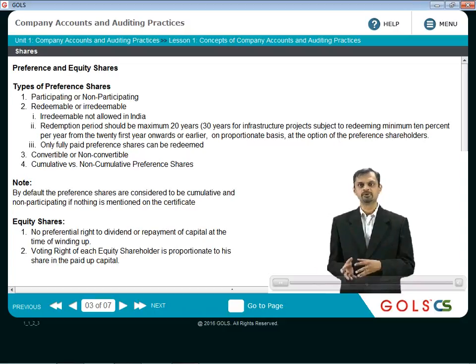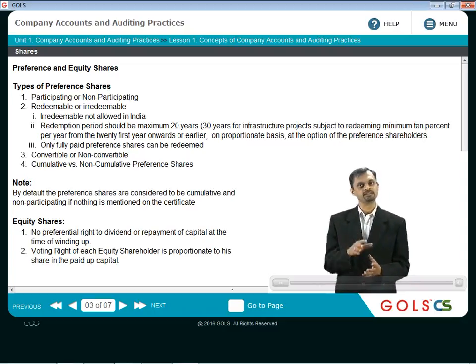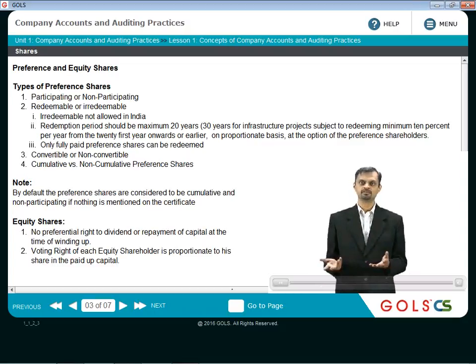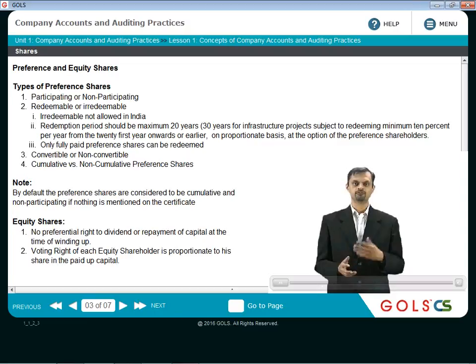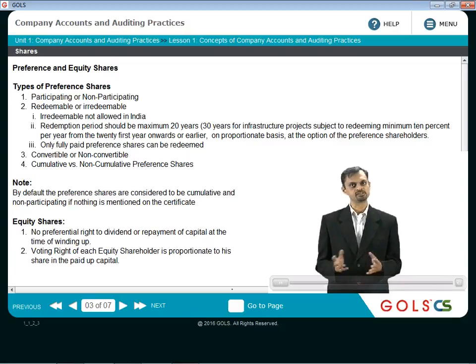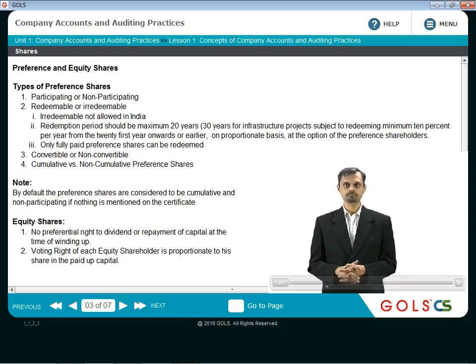So they participate in the leftover profit. That is why the name participating preference shares. Versus non-participating is simple. If it is 12% preference share, once this 12% dividend is paid to them, then in the leftover profit, they will not have any right to claim dividend. So that is non-participating preference shares.